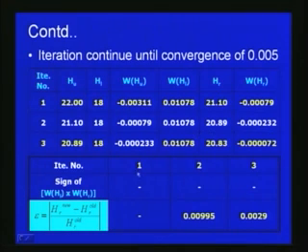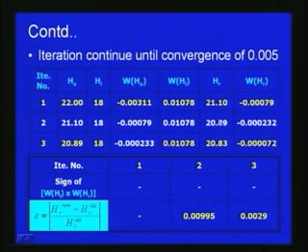Again the sign is minus as shown, and if you find the epsilon, the error modulus of HR new minus HR old by HR old, we get 0.00995. We have improved the solution to 20.89, but our expected convergence is 0.005, so we have to continue one more iteration.